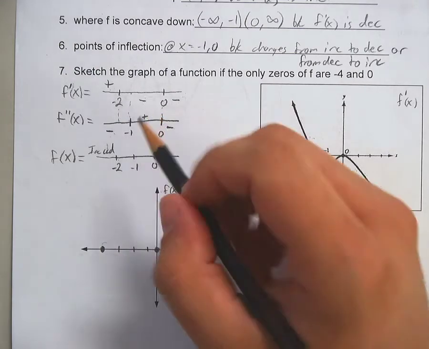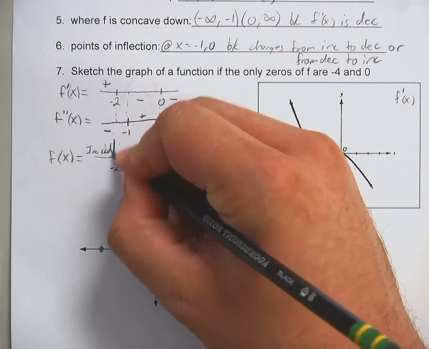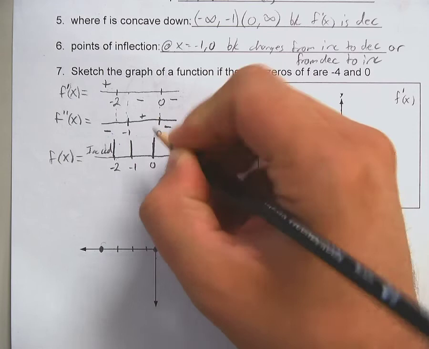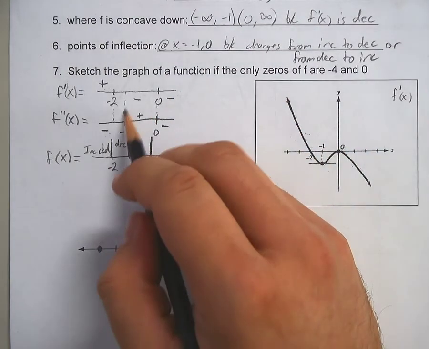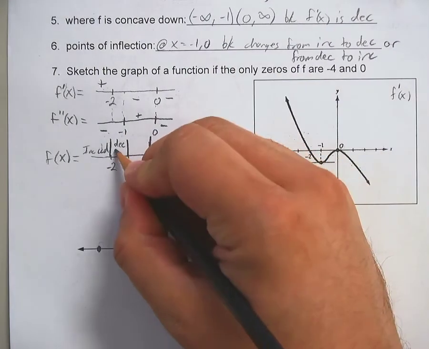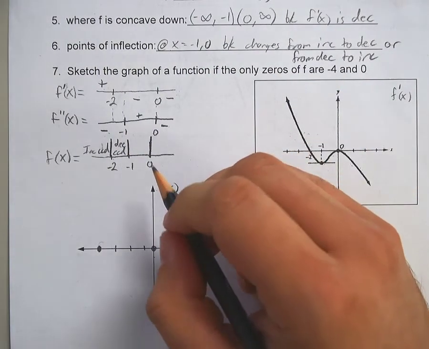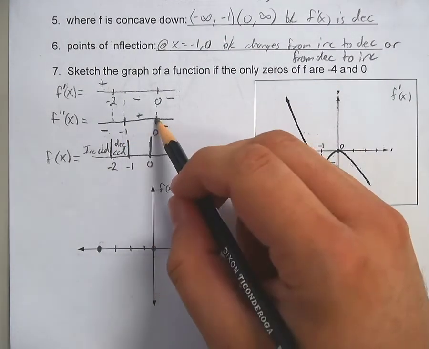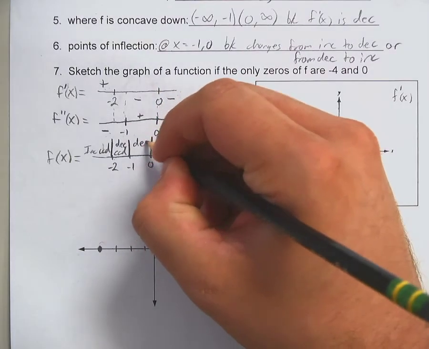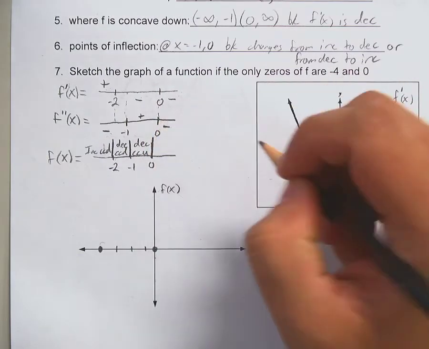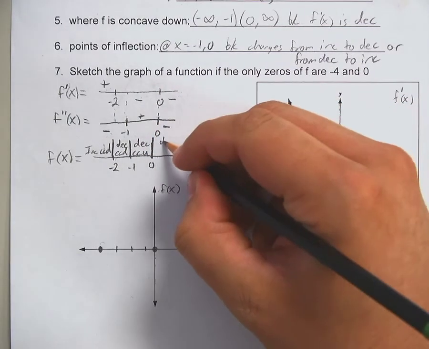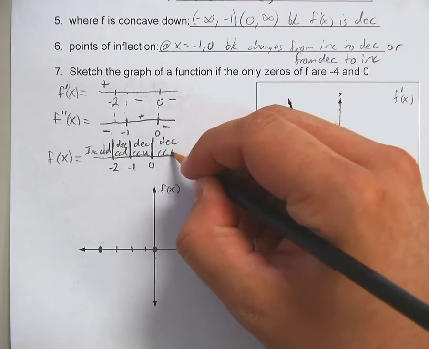So now I am decreasing, and I am still concave down. Between -1 and 0, I am decreasing and concave up. And here I'm decreasing, concave down.